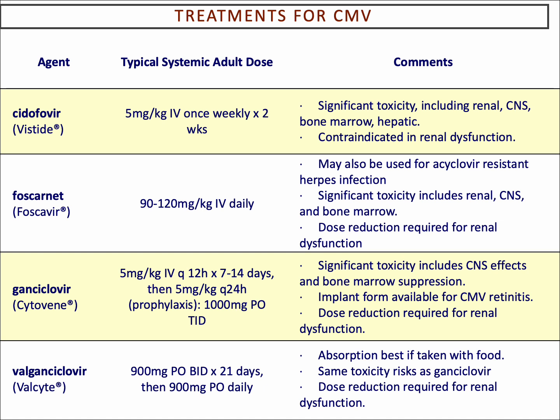And then the oral form, valganciclovir, can be continued usually after initial doses of ganciclovir. So we'll see this very commonly in practice on an ID service where you'll see severely immunocompromised patients. If that's not your practice area, it's likely you may never or rarely see these drugs used.